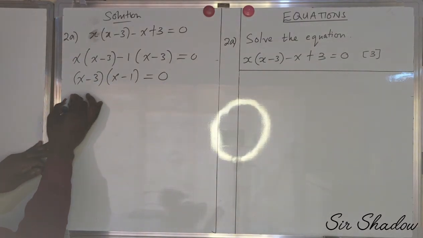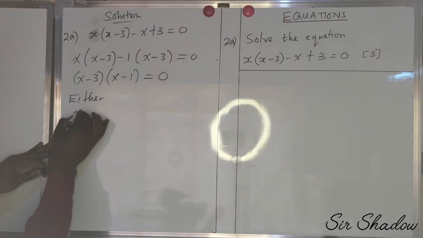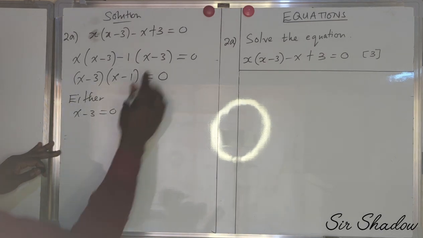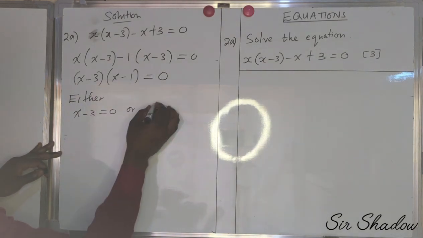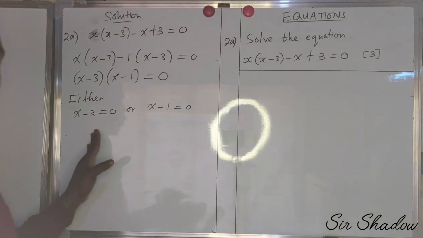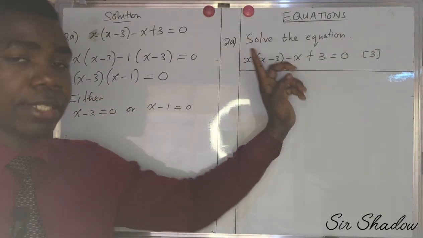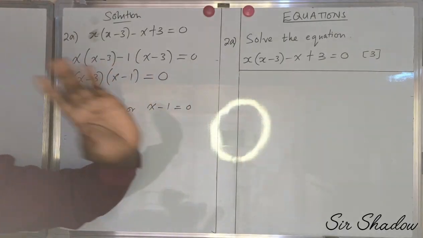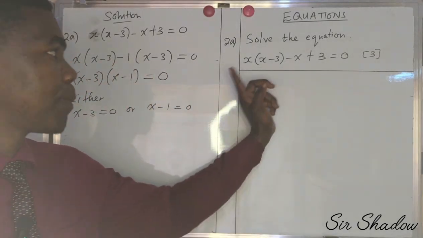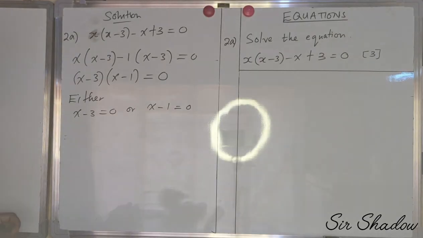You just say either x − 3 must be equal to 0, picking the first one equal to 0, or the second one, x − 1, is equal to 0. Remember, I said before, this is quadratic. We have two values of x, because if you expand this, we see later on that the highest power of x is 2.